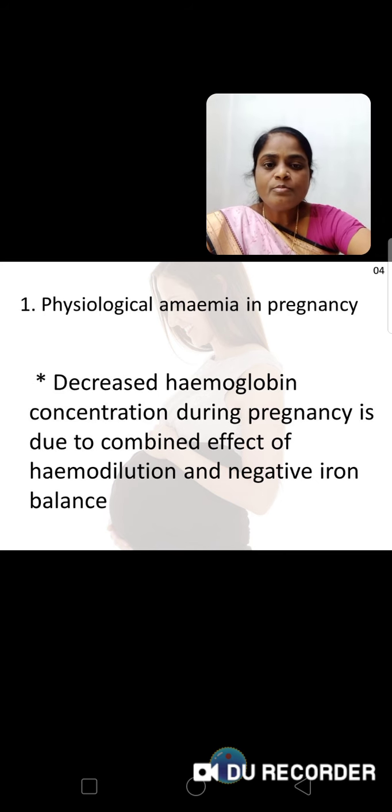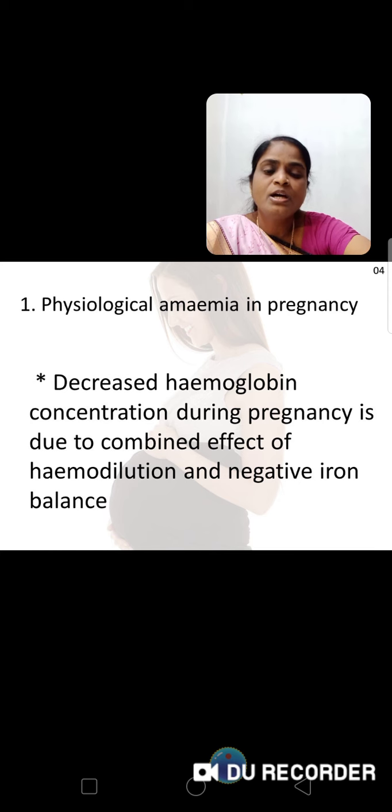So 1000 milligrams of iron is needed in order to meet the growing fetus' needs. 500 milligrams is for erythropoiesis. Erythropoiesis means the production of blood cells: RBC, WBC, platelets, plasma volume. Everything is increasing in erythropoiesis.